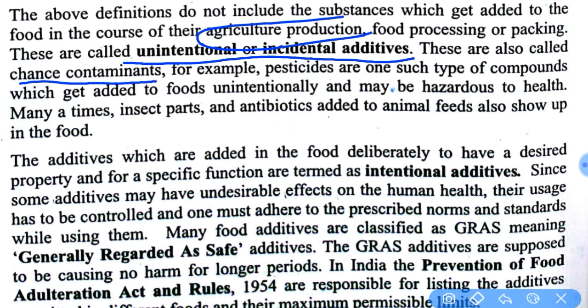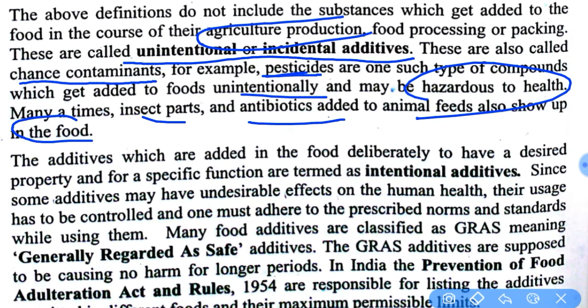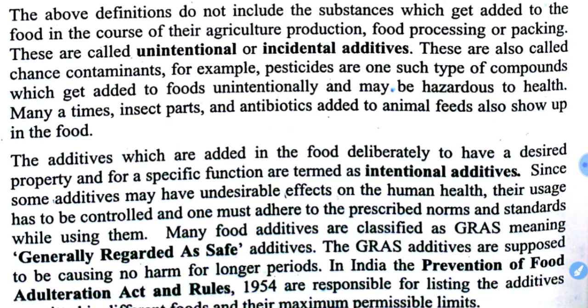For example, pesticides are one such type of compound which get added to food unintentionally and may be hazardous to health, because pesticides can cause damage to public health. Many times insect parts and antibiotics added to animal feeds also show up in the food. So these are unintentional or incidental additives or chance contaminants.